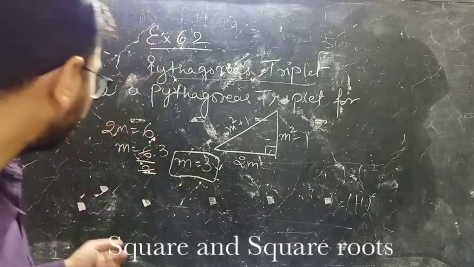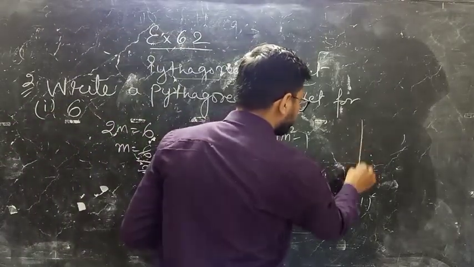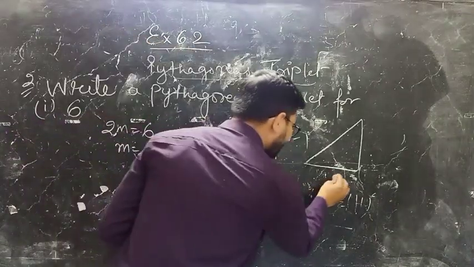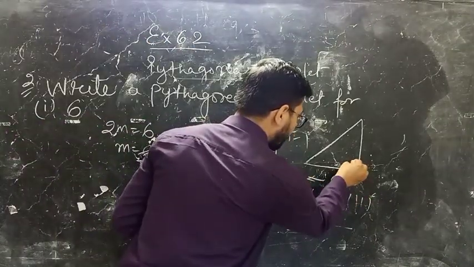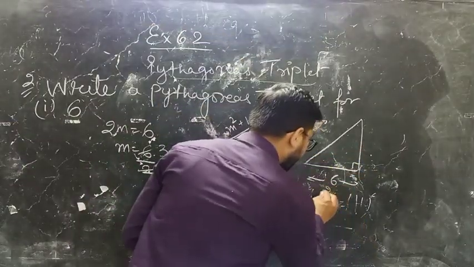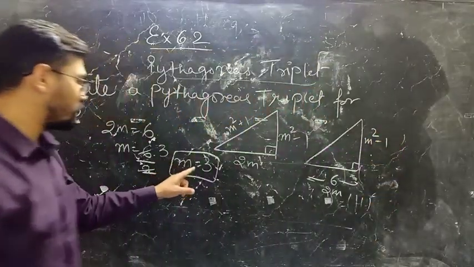Okay, don't worry. So 2m is equal to 6. According to this, this side is 6. Then the other side I can calculate like this: m square minus 1. So m is 3.